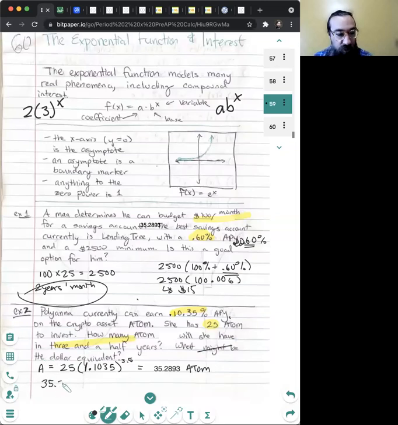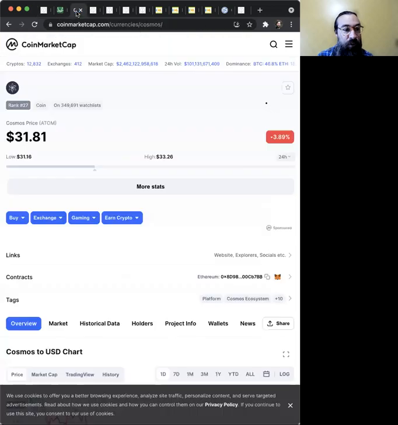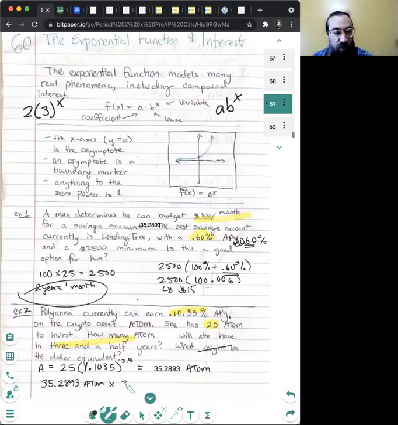So 35.2893 atom times, what did we say it was? Well, now it's 31.81, so we'll use that. 31.81, that's dollars per atom. And if we just multiply those two numbers together, we're going to get our dollar equivalent.